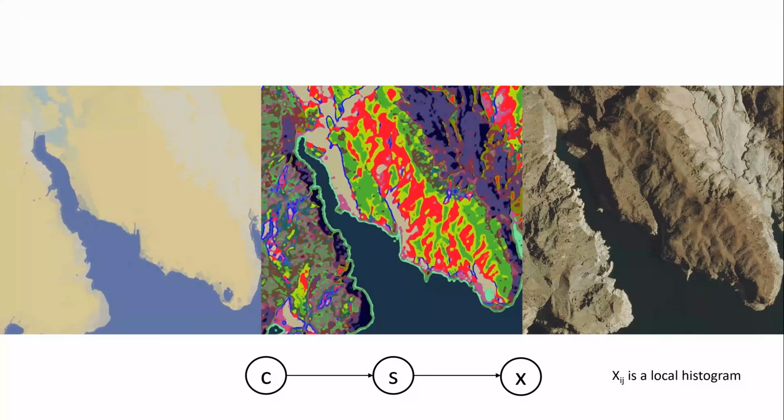Now, this is another thing that I can do. I can change my observation probability distribution to be a local histogram. Then I get a much nicer, natural clustering of things. I can do it to be a histogram of histograms.